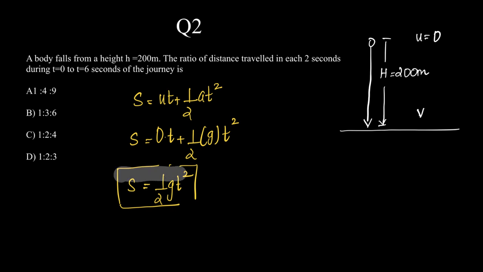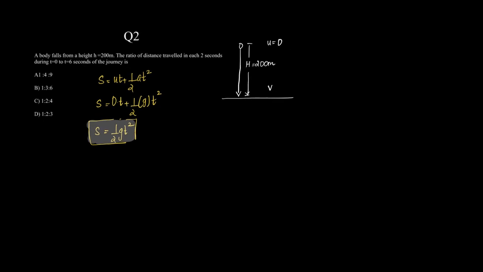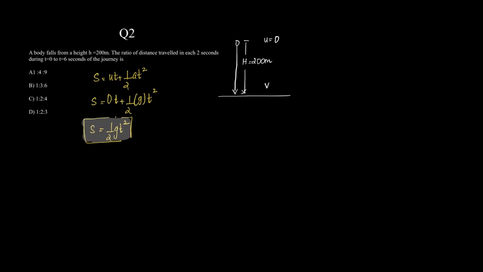Now let us try to make sense of the data in the question, which is time t equal to 0 to time t equal to 6 seconds.